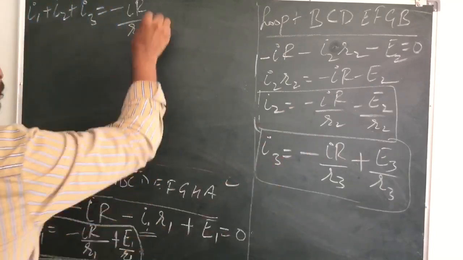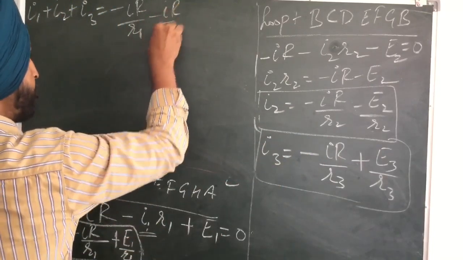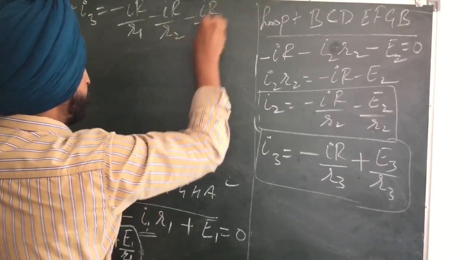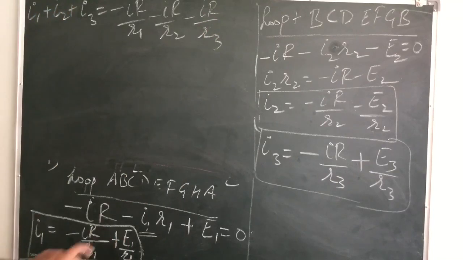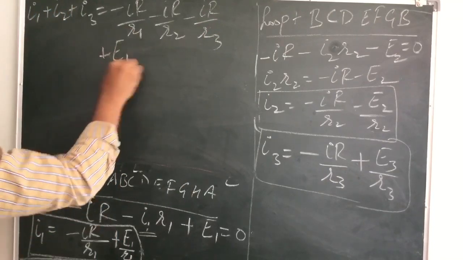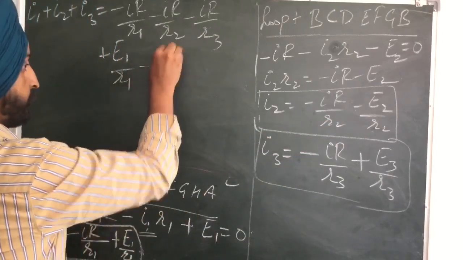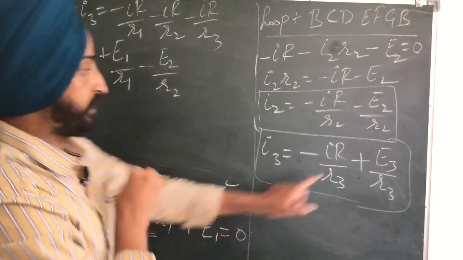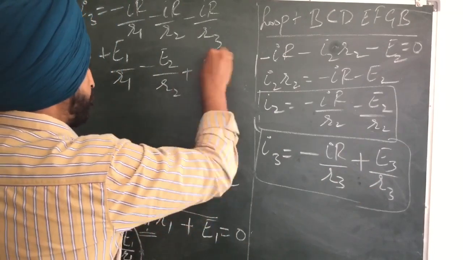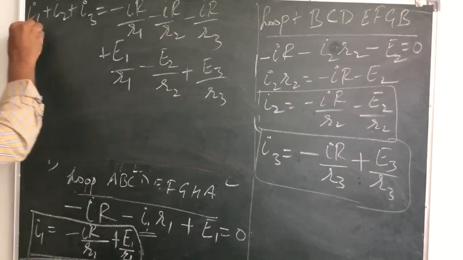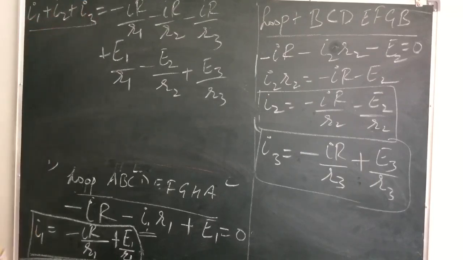Again over here I have minus IR by R2 minus IR over R3. Then I have E1 by R1, but here I have minus E2 by R2. Here again I have positive E3 by R3. Fine. So the summation of I1, I2 and I3 will be equal to the total current, let it be I, as we have taken in the circuit diagram.